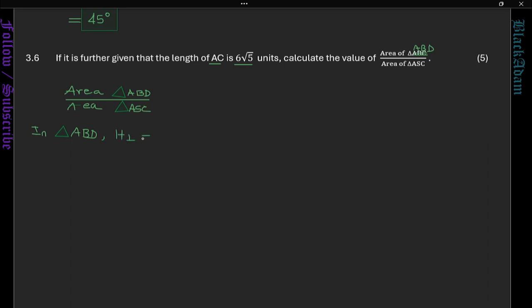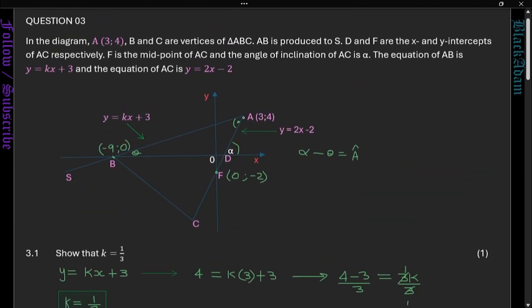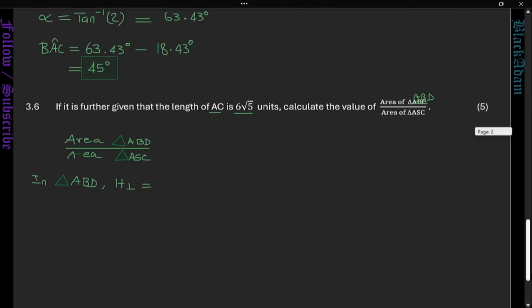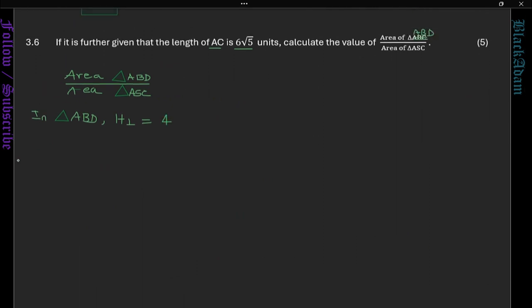We have the height, the perpendicular, in ABD. So we know that we have a perpendicular side. They're giving the coordinates of A, and our height there is 4. So that's our y. So the perpendicular height is 4 units.